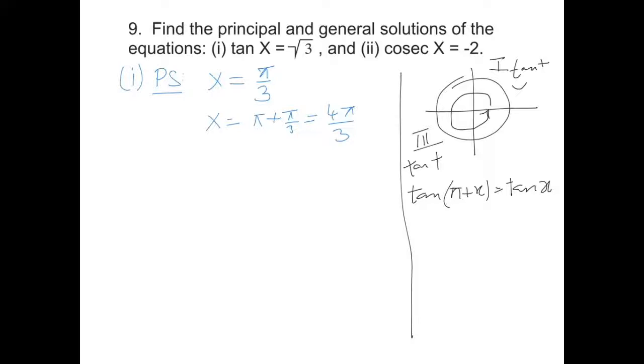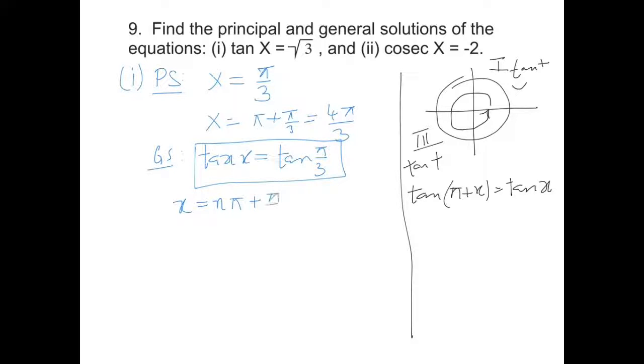And to find the general solution, GS, for the first problem, we express tan x as equal to tan of pi by 3, because we know that pi by 3 is one of the solutions. And the solution to this equation, tan x equals tan pi by 3, we already know is that x equals n times pi plus pi by 3, where n belongs to the set of integers.